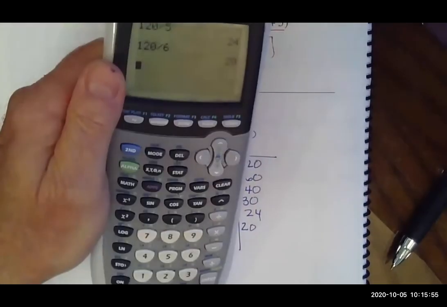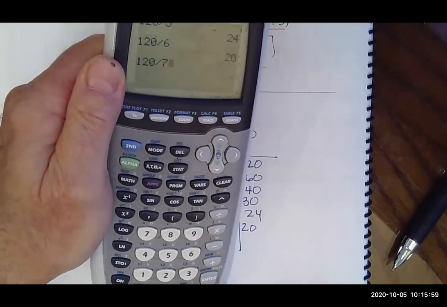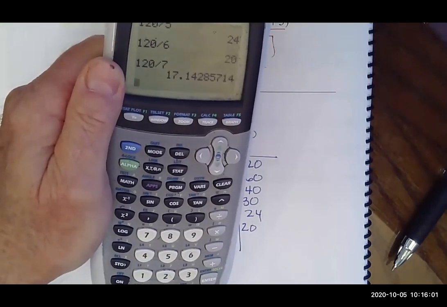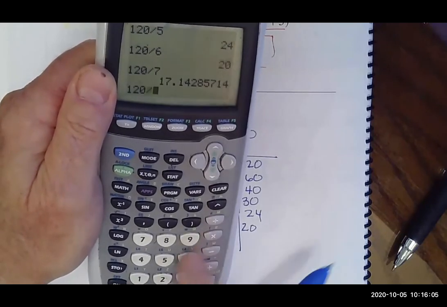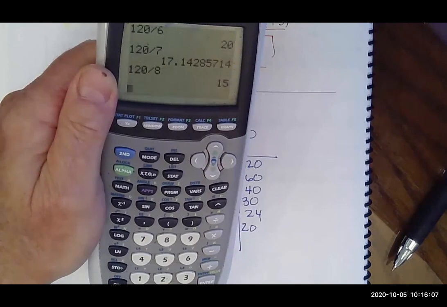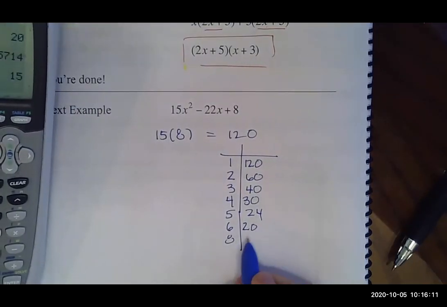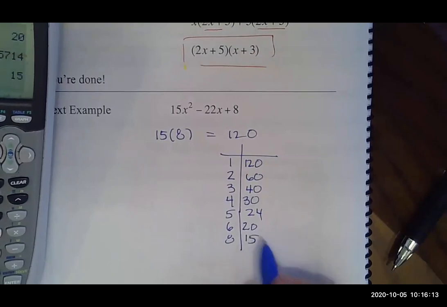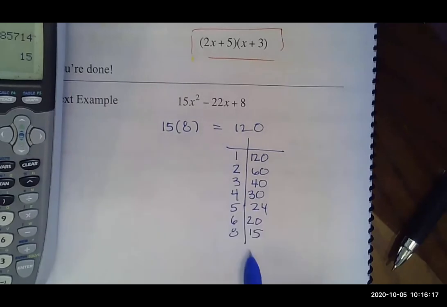How about 7? I don't think so. No. How about 8? Oh, 8. Okay, let's try that. 8 and what was it, 15? Yeah, that's 23.